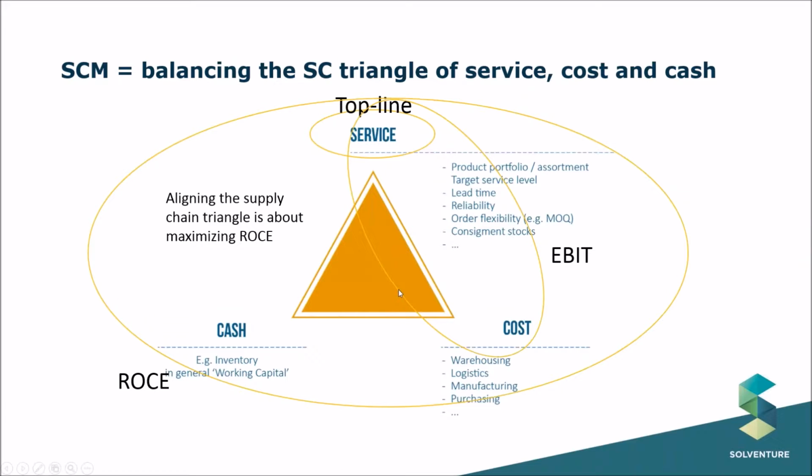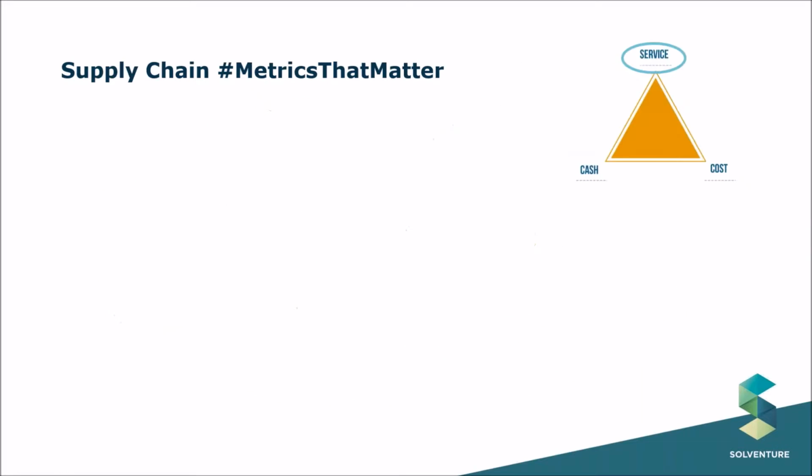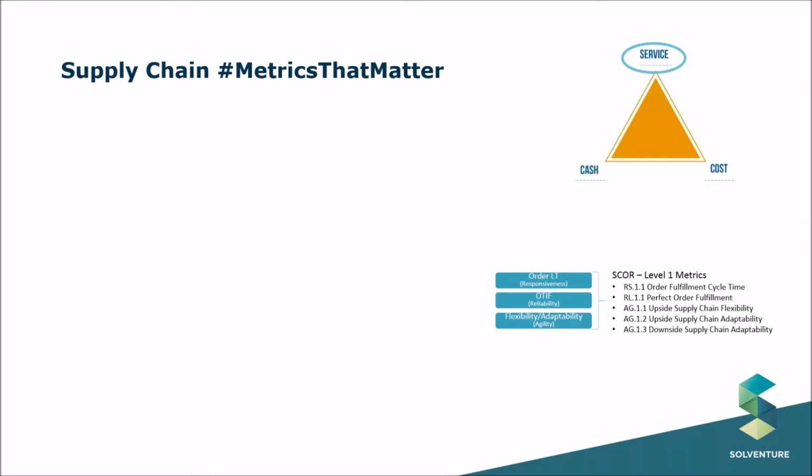If we try to further reason along these lines, what would be the supply chain metrics that matter? If we agree that we need to balance the triangle, how can we be more specific about which type of KPIs we need? If you look for specific KPIs, at least I once started with the SCORE model.